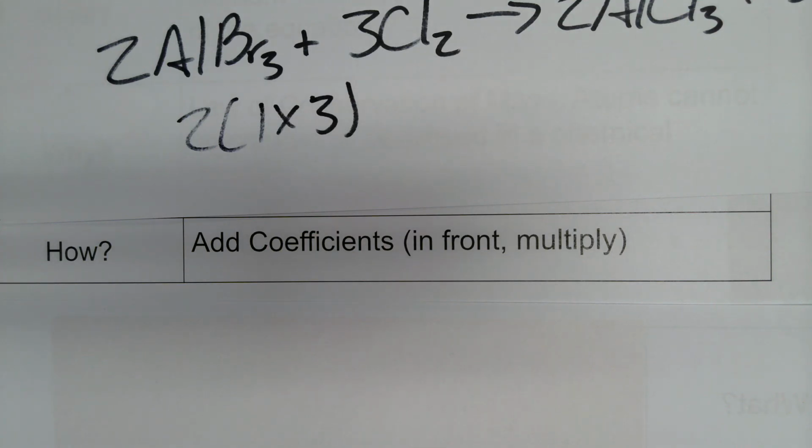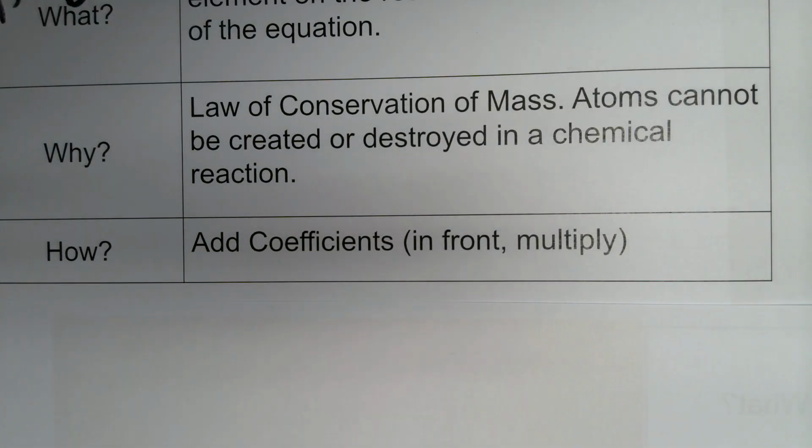Same idea. That 2 means I have 2 aluminum. That 2 means I have 6 bromines. That's a term you've already picked up in algebra. Your coefficient goes in front of your parentheses.